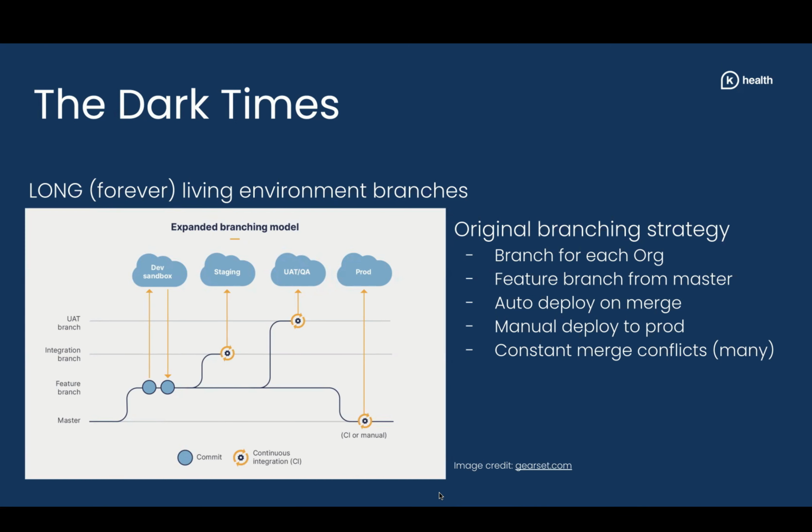And we ended up understanding, oh my God, we have so many merge conflicts, because we create the branch from master. It's very different from the branch that is connected to the developer environment. And when you merge, there are many conflicts. There are then problems with deployments.